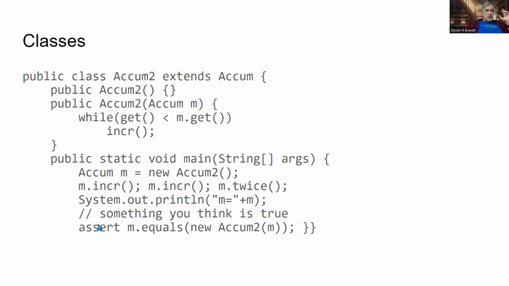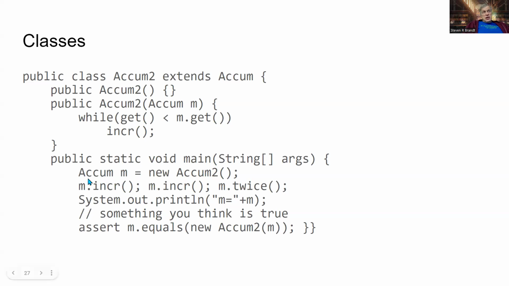So now if we look at this code, we have a main method. We're going to instantiate class Accum2, and we're going to assign it to a variable of class Accum. Now, the reason this works is because when I extend a class, I'm making things more specific. If you want to think about it in an analogy, you can think of Accum as being like a cat, right? And Accum2 as being a Siamese.